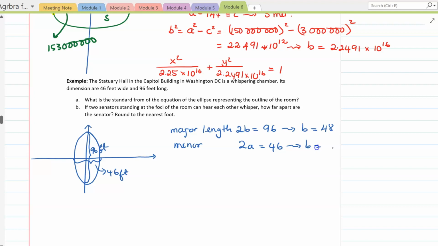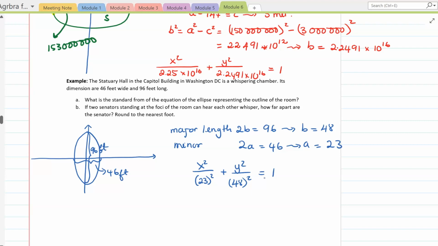So a then equal to 23. So then here's the equation. x squared divided by 23 squared plus y squared divided by 48 squared equal 1.